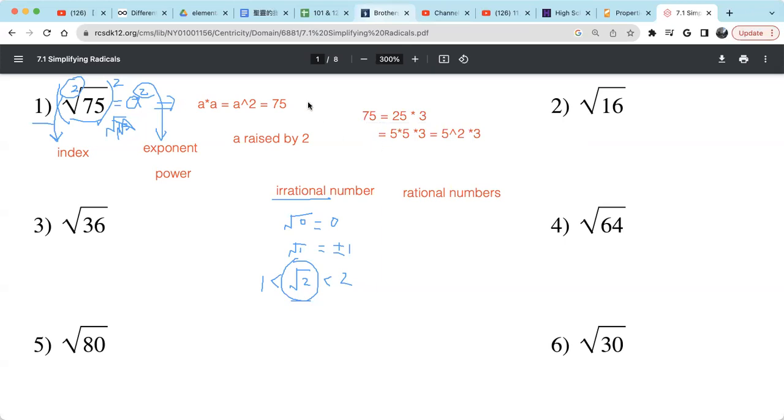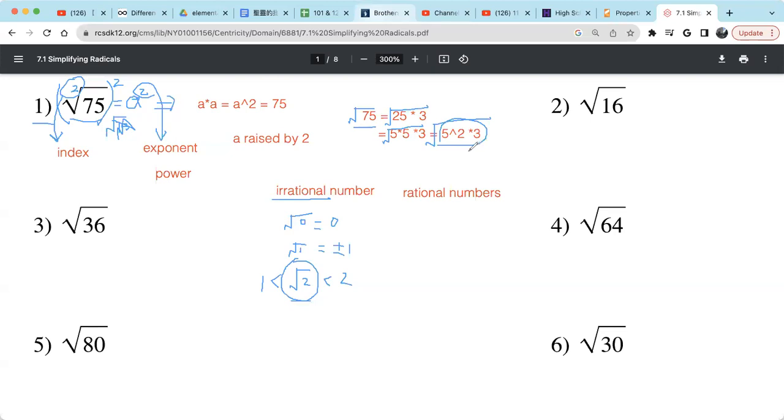So 75 is 5 squared times 3. If we take the square root of 75, note that square root is an operation, like plus, minus, multiply, divide.